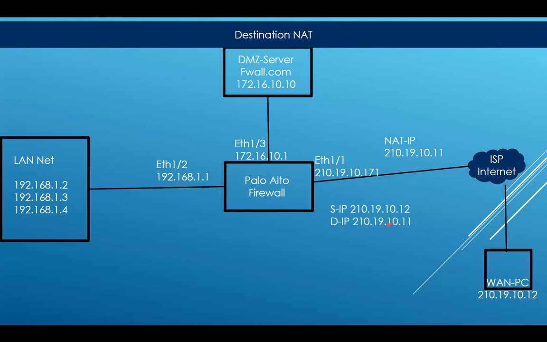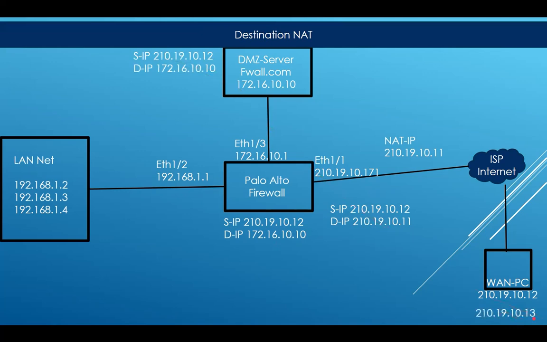So the WAN PC is sending a request. Source IP address is 10.12, destination is 10.11. The request is received on the firewall. And after that, what happened, guys? The source is still the same 10.12, but the destination is changed from 10.11 to 172.16.10.10, right?